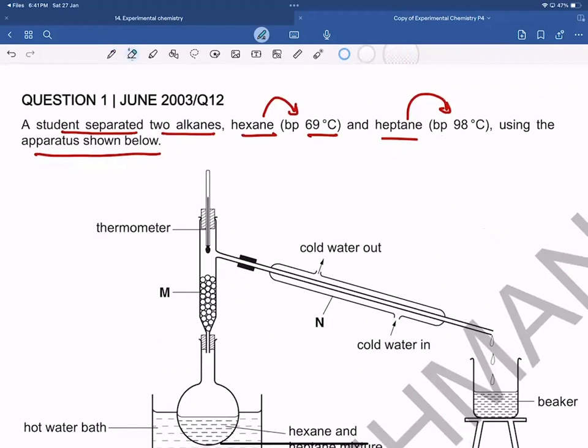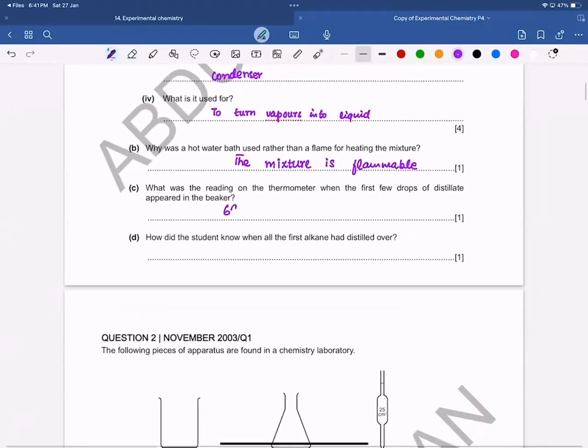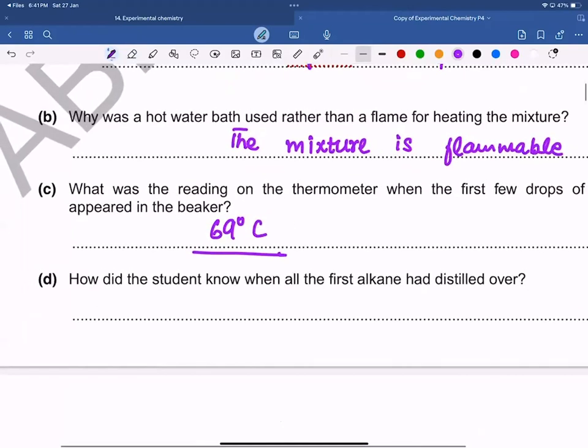They have provided you the boiling point. So the one having a lower boiling point will separate first. So the thermometer has a reading of 69 degrees. They are not asking how the temperature is changing, right? Read it again.